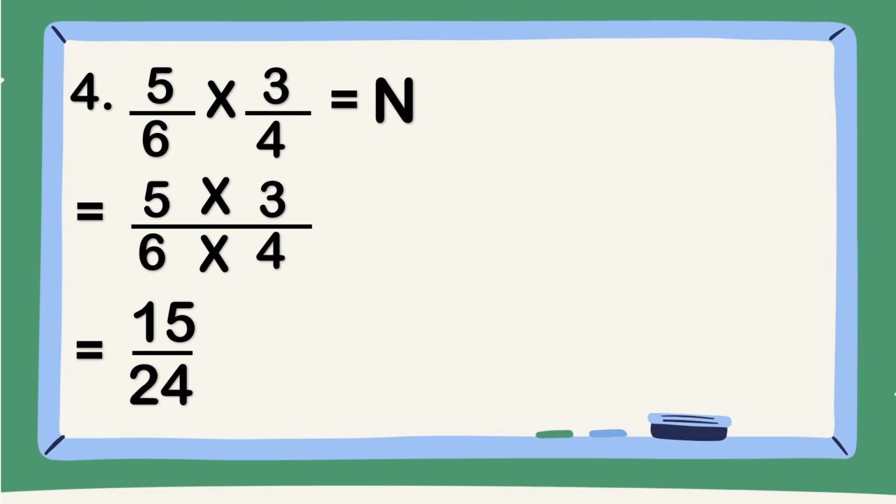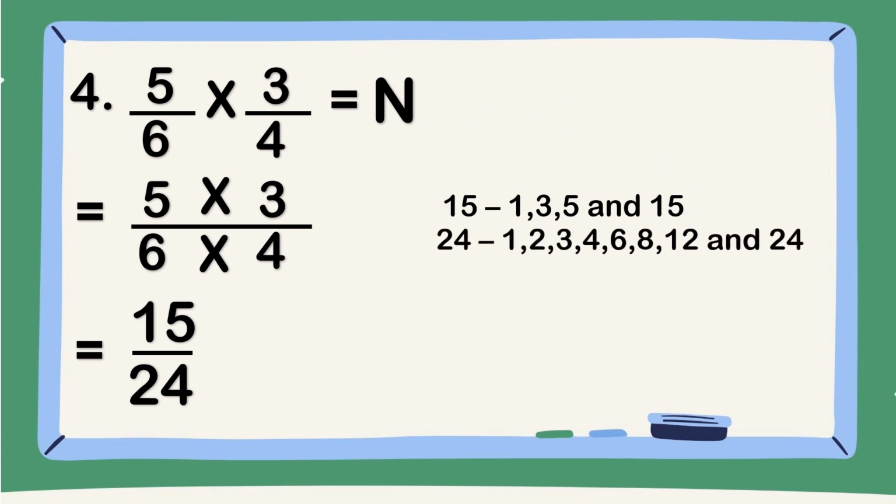Let us find the greatest common factor of 15 and 24. So let us list all the factors of 15: 1, 3, 5, and 15. And the factors of 24 are 1, 2, 3, 4, 6, 8, 12, and 24.